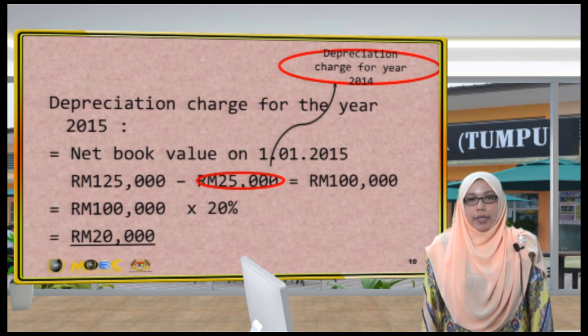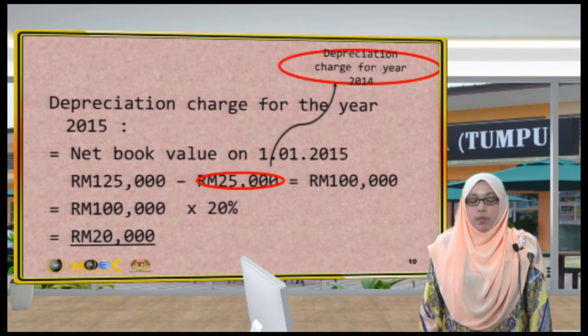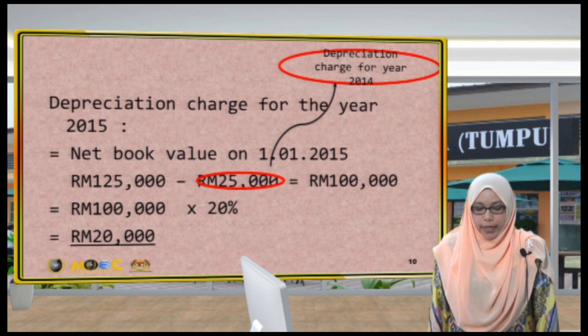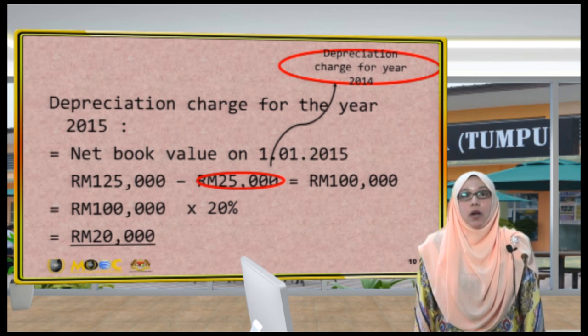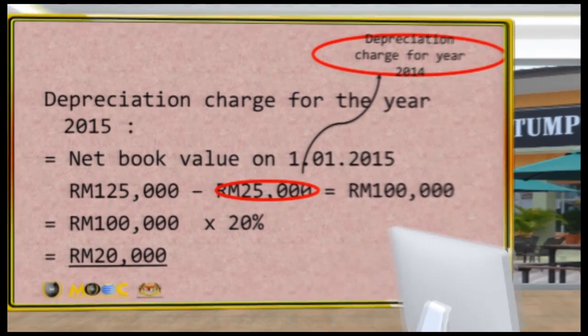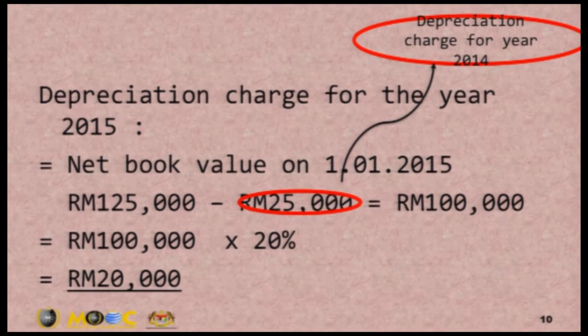Next, we calculate the depreciation charge for 2015 using the formula of reducing balance method, which is 100,000 times 20%, and then we get 20,000 as the depreciation charge for the year 2015.